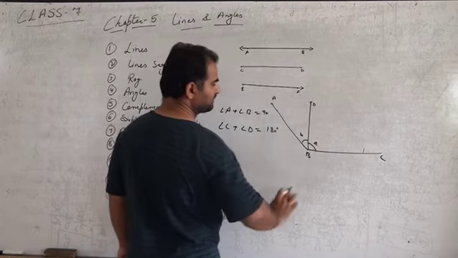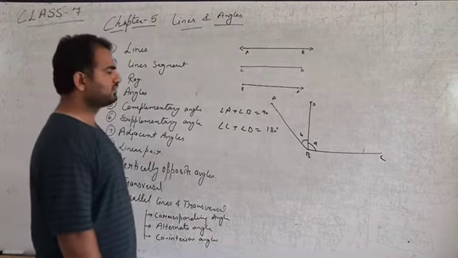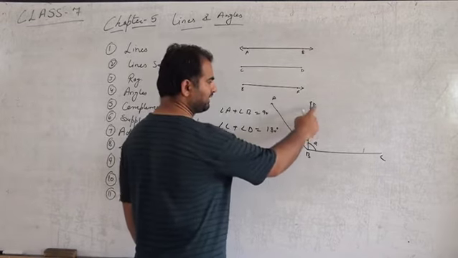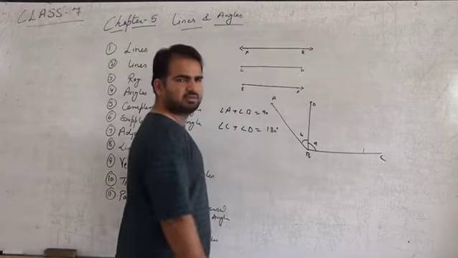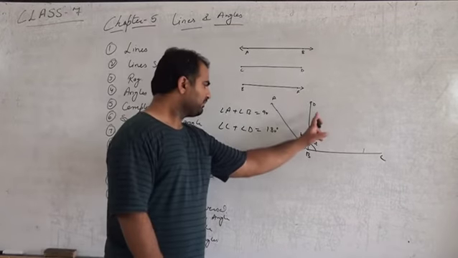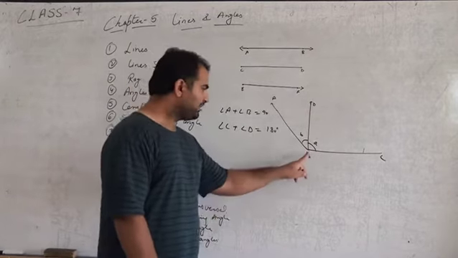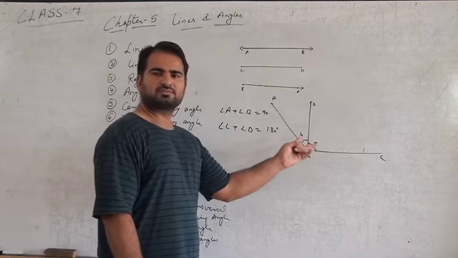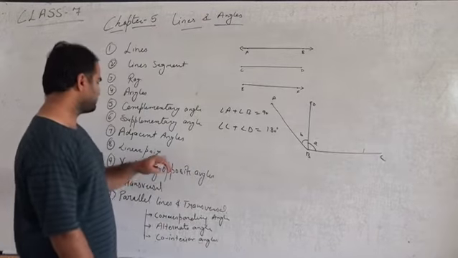It can be A and small b. So angle ABD and angle DBC. Both of these angles have BD as a common arm and B as common vertex. So both of these angles together are known as adjacent angles.